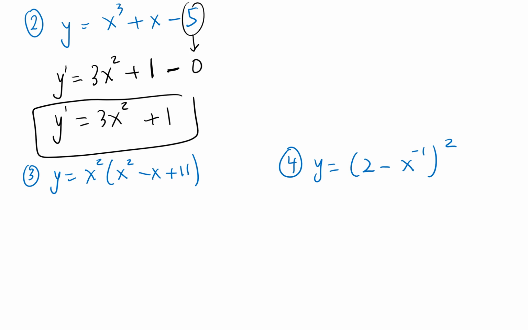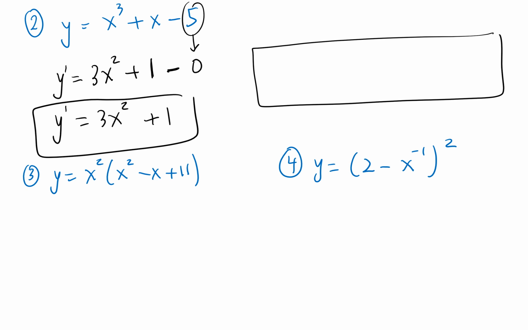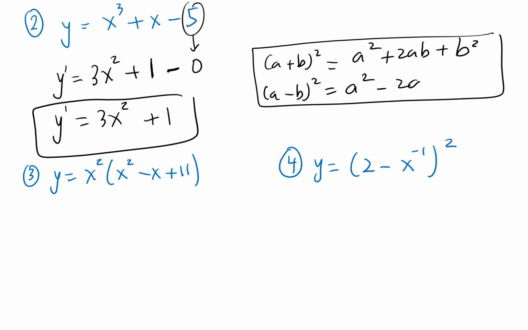Here, I'm gonna recall a formula we used a lot before: a minus b and a plus b squared, a squared plus 2ab plus b squared, and a squared minus 2ab plus b squared, if you need it.